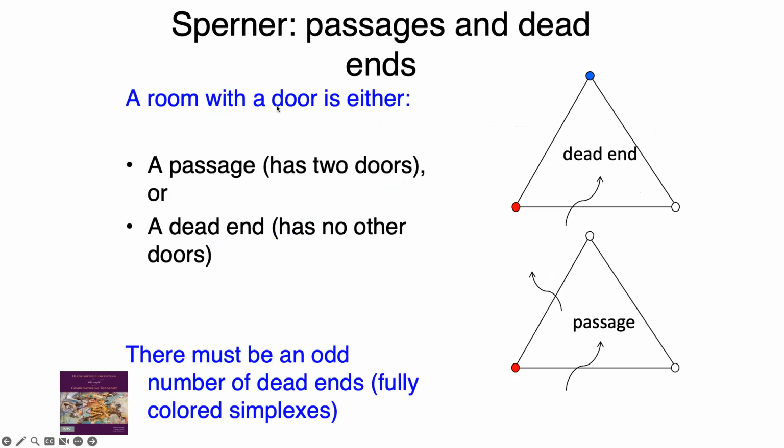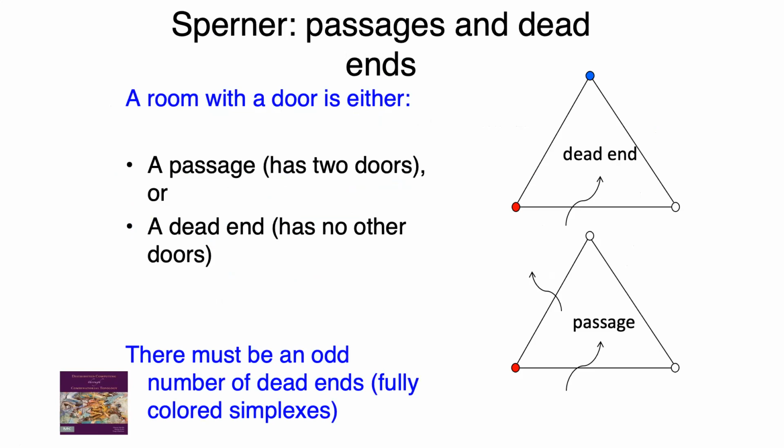Now, if we consider an interior room, a room is an n-dimensional simplex. Either there is one door, or there are two doors. Why? Why can we not have more than two doors in an n-dimensional simplex in a room? So a room, either you end at the room, it's a dead end.